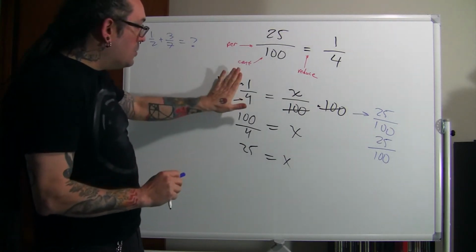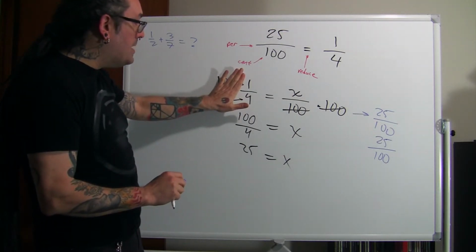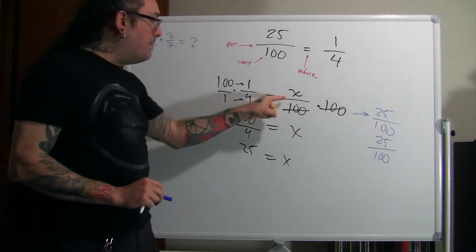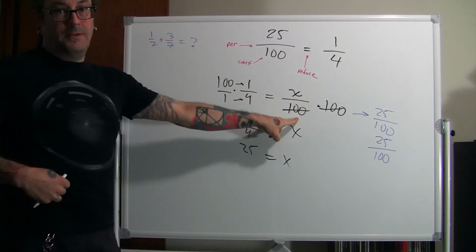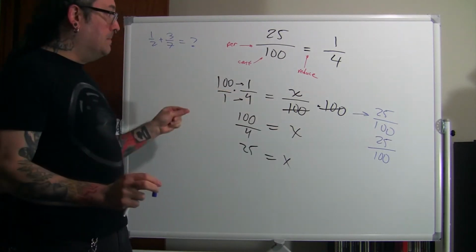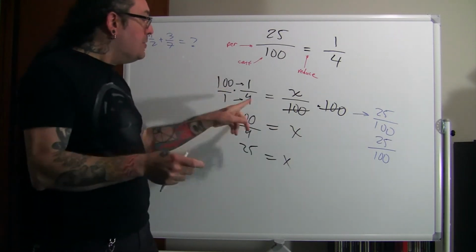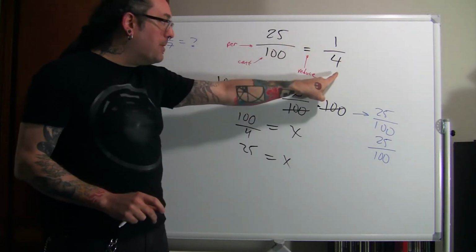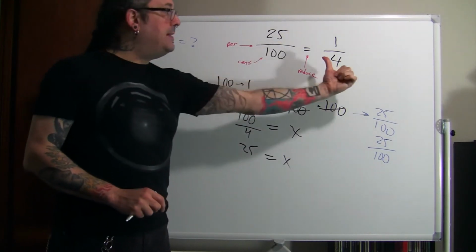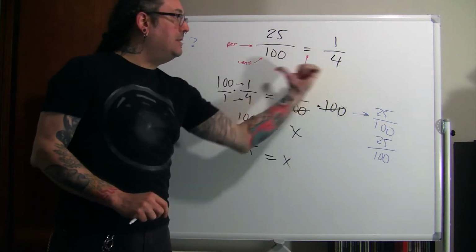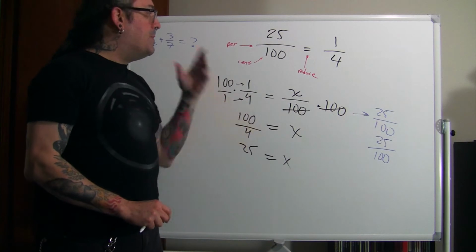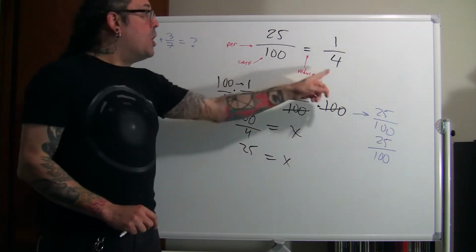I was given 1/4, and I asked what is 1/4 with a denominator of 100? Because we're dealing with percentages. That's all. So I actually unreduced 1/4. Right here, I reduced 1/4. That was the final part of my answer. But if I look at the equal sign in this direction, I can start with 1/4 and go this way. And when I do go this way, I actually unreduce it.